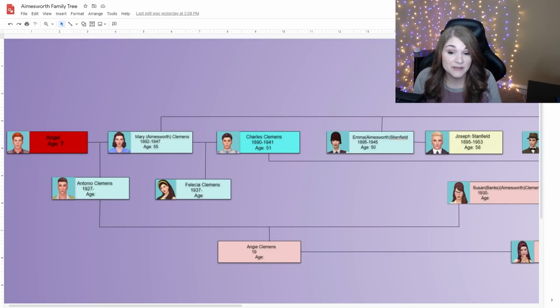I've never seen the sim in my life. But that's who got her pregnant. So apparently the first few years of their marriage were really tough, because she went and had a baby with somebody else. I'm just saying. So Antonio was born in 1927 as a result of their love affair.